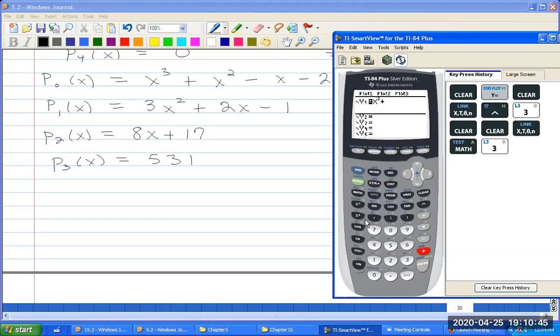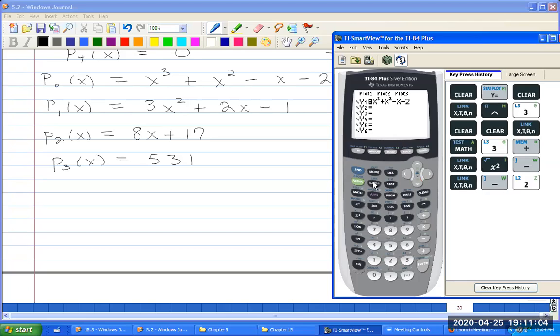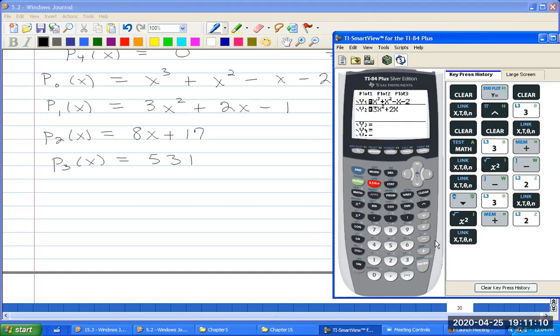So here's an x squared minus x minus 2. Okay. Now let's do the next one, which is 3x squared. So 3x squared plus 2x minus 1.